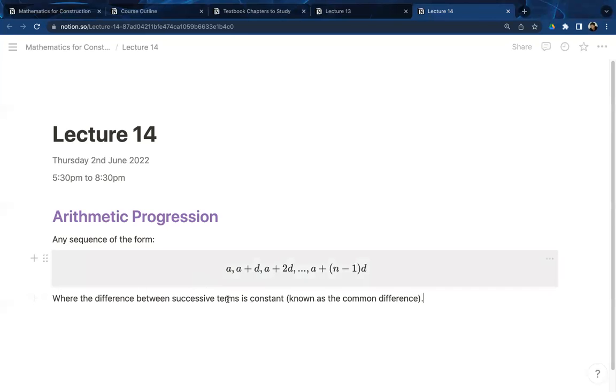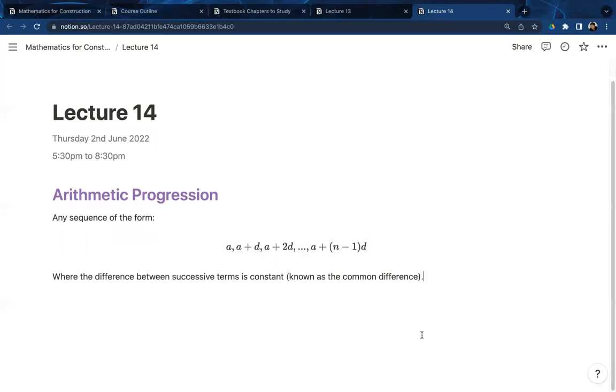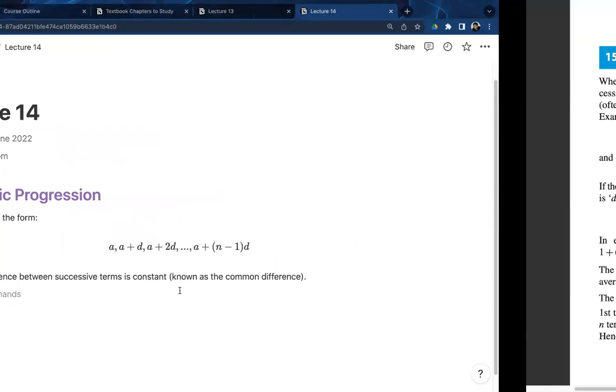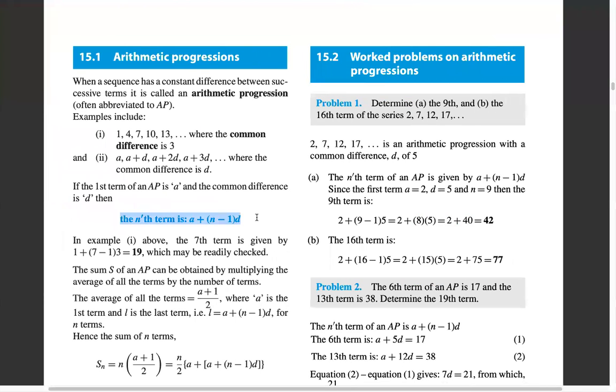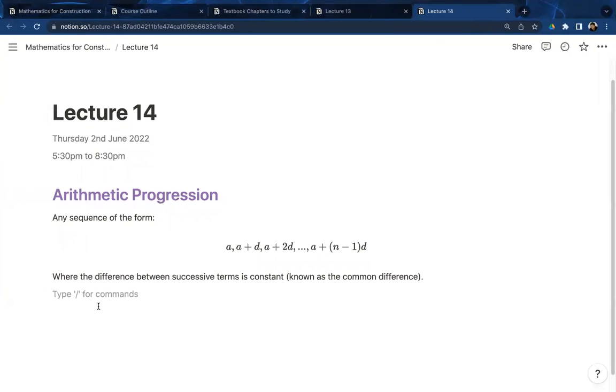Okay, so the difference between successive terms is called the common difference. Now, we have some terminology here that you see in the formulas. We'll go back to it just now. The nth term, you could write that here.